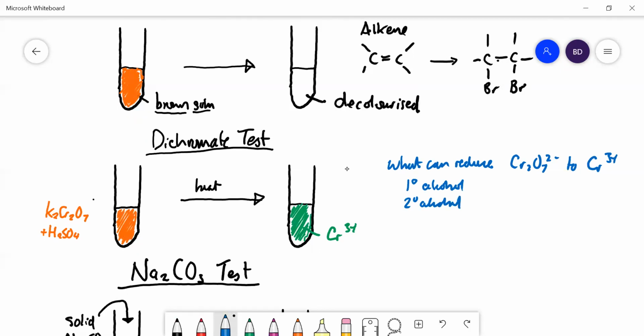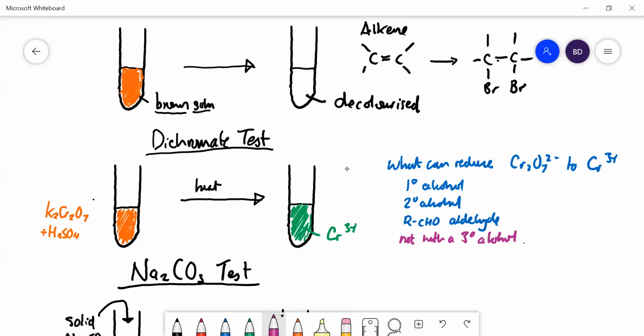It will also oxidize an aldehyde. But I suppose you could use it to determine it will not work with a tertiary alcohol. You can't oxidize a tertiary alcohol. So that is a bit ambiguous information that it would provide. It just tells you you've got either a primary or secondary alcohol or an aldehyde there.